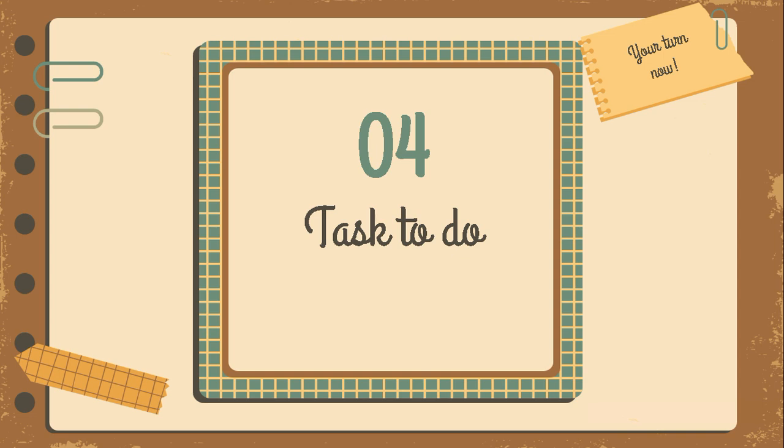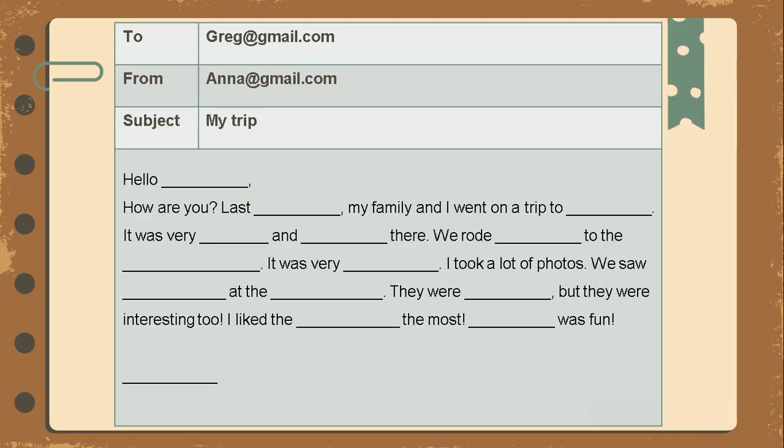Activity 4. Task to do. For this activity, I want you to write an email about your holiday trip. Let me show you an example. Remember, this is about your own holiday trip. So, for this one, should be your friend's email address, and this one should be yours.